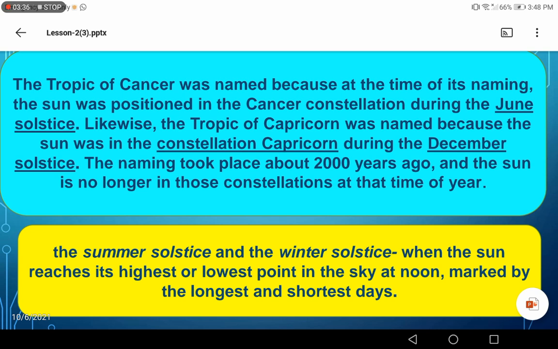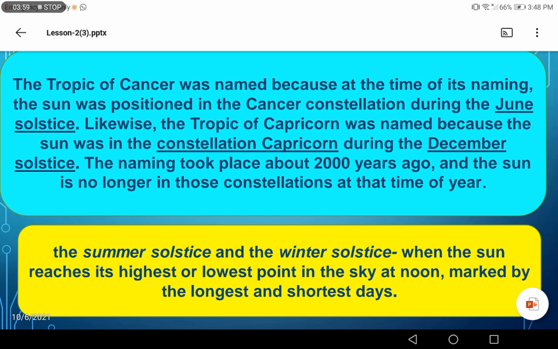Likewise, the Tropic of Capricorn was named because the sun was in the constellation Capricorn during the December solstice. The naming took place about 2000 years ago, and the sun is no longer in those constellations at that time of year.